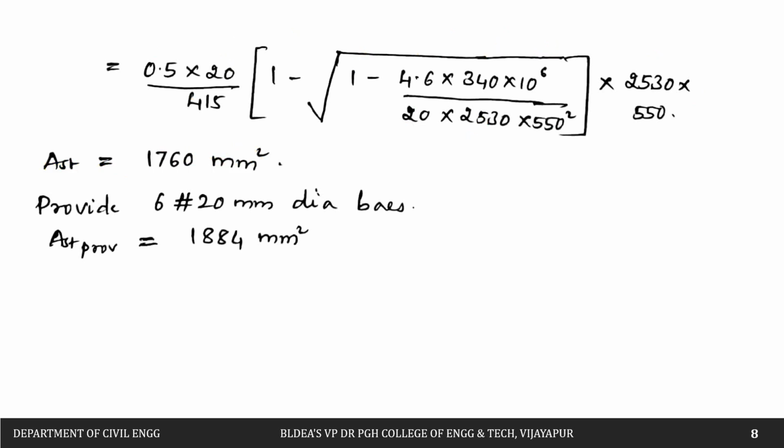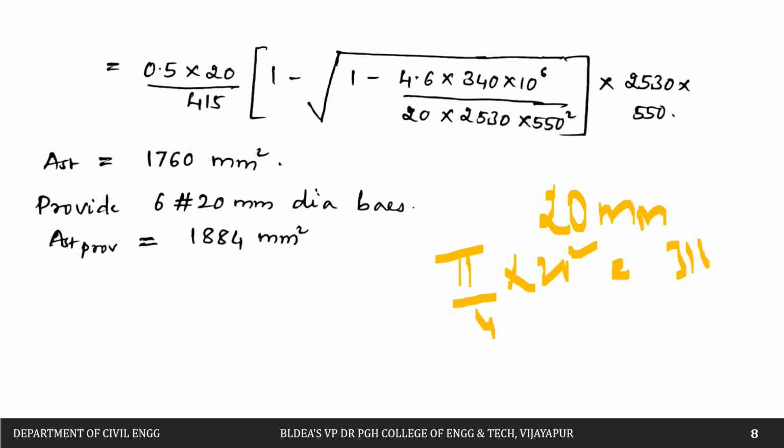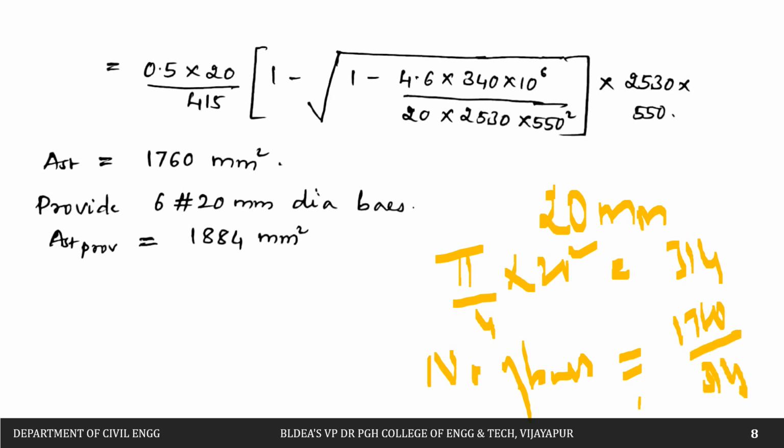Now let us assume 20 mm dia bars. The area of a 20 mm dia bar is pi by 4 into 20 square, which is equal to 314 mm square. Then we calculate the number of bars: 1760 divided by 314, approximately 6 bars.